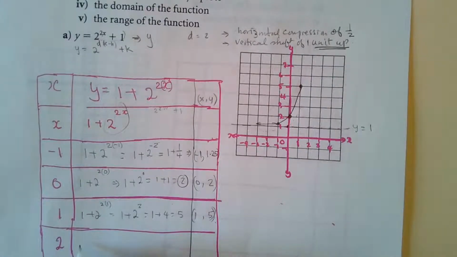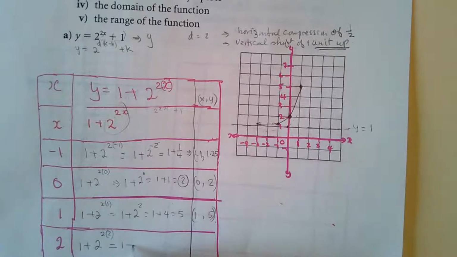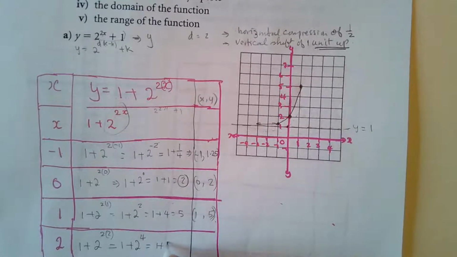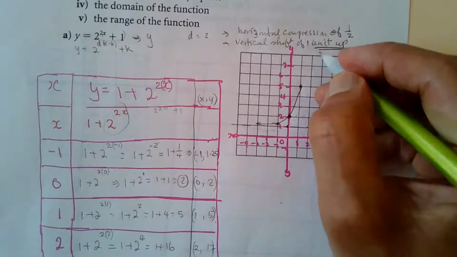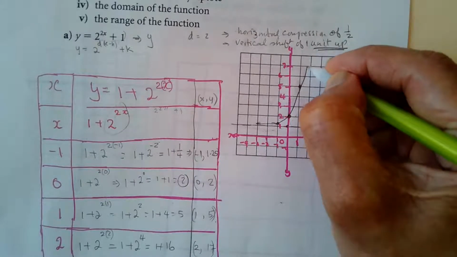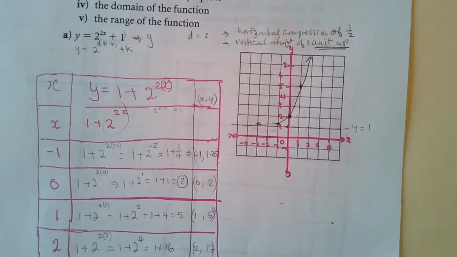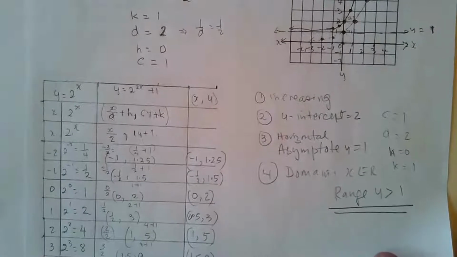And we'll just do one more to make sure we're getting the right trend here. 2 times 2, which is 1 plus 2 to the power 4, which is 1 plus 16, which is 17. Now this is way beyond my scale. It's way up here, so let's continue this here. Now that's much quicker than what we did with the previous one.